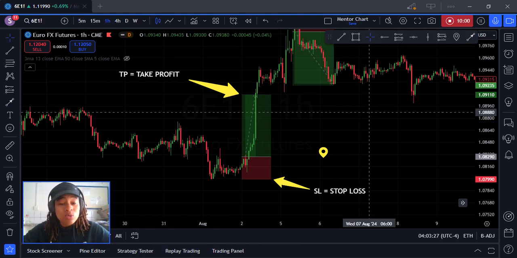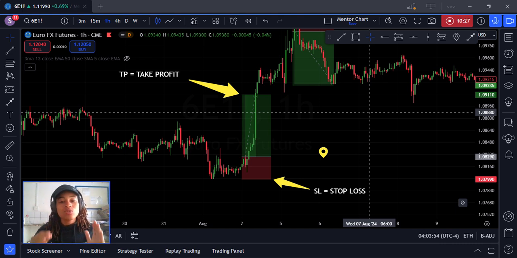Now, if you don't have a stop loss, if you don't have a TP, that is the most dangerous trade in the whole entire market. Because if you don't have it, you can literally go broke in less than 2 seconds. Or you could be a millionaire in less than 2 seconds. But you need to get out.